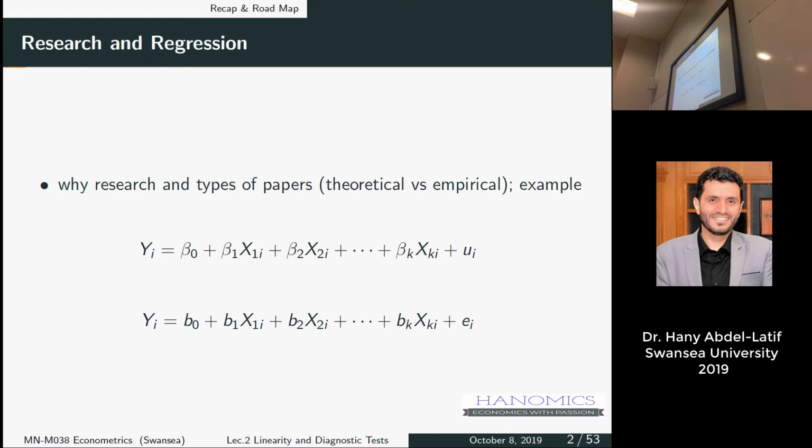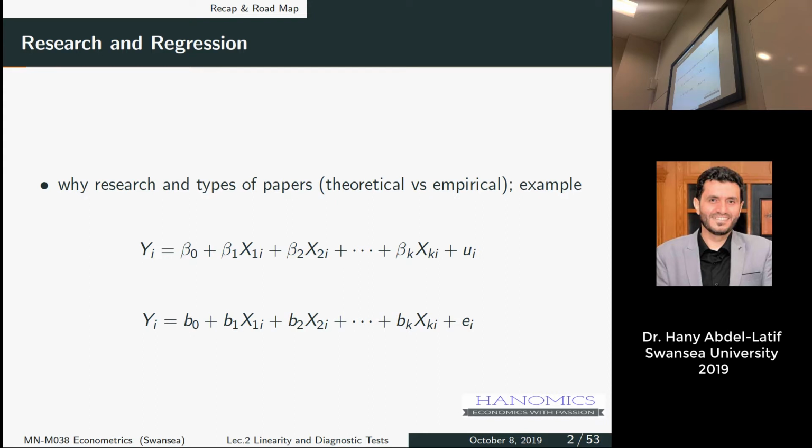It's more important to understand why you do it and to be able to highlight the limitations of whatever method you choose to apply in your research. You have to be aware of its limitations.